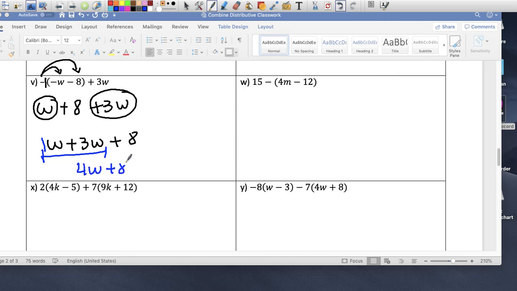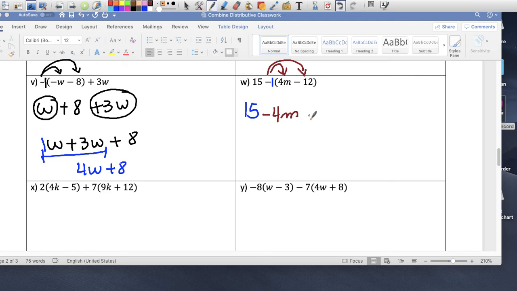Let's say 15. This one looks a little tricky, right? So again, outside next to the parentheses here, there is no number, so I'm going to put a 1. That 15 does absolutely nothing for now. Negative 1 times 4 is negative 4m.